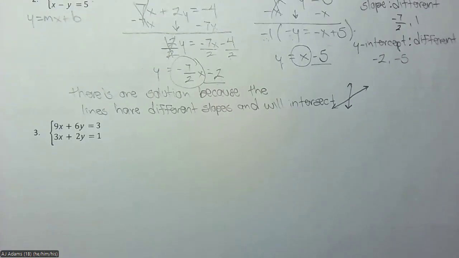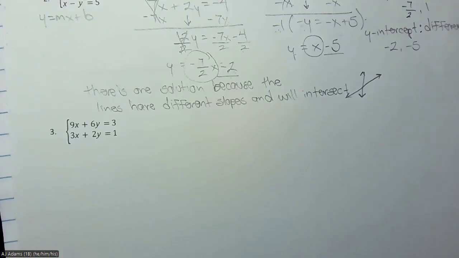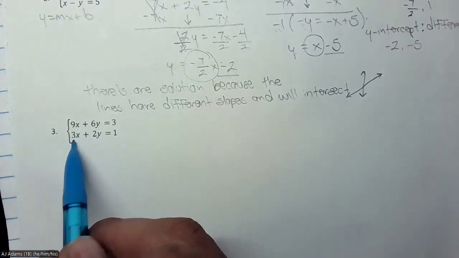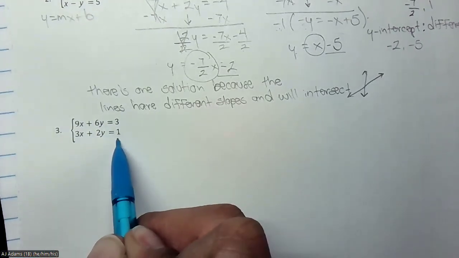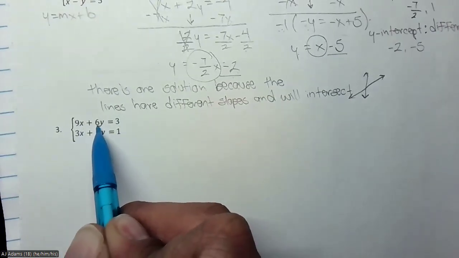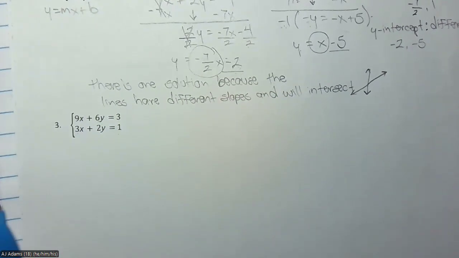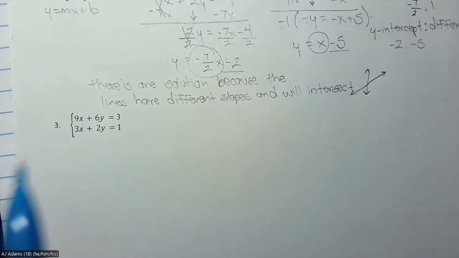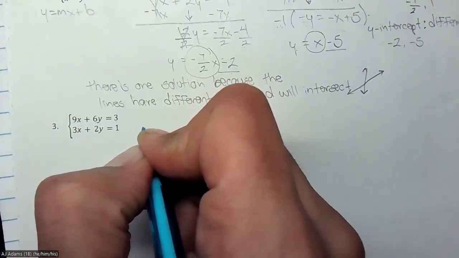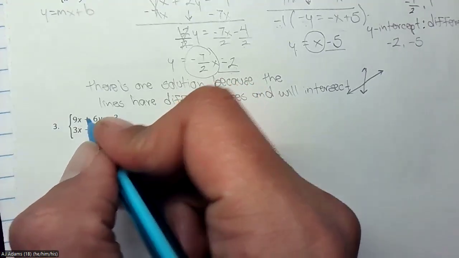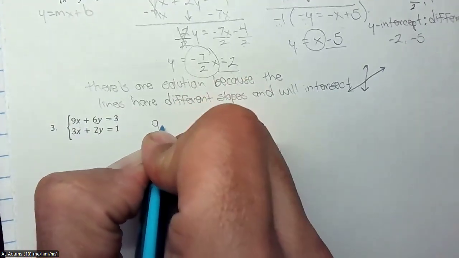Okay, so now we're ready for number 3. Ax plus by equals c. Both of these equations are in standard form, so we need to get them into slope-intercept form. So like with numbers 1 and 2, we will rewrite each equation.